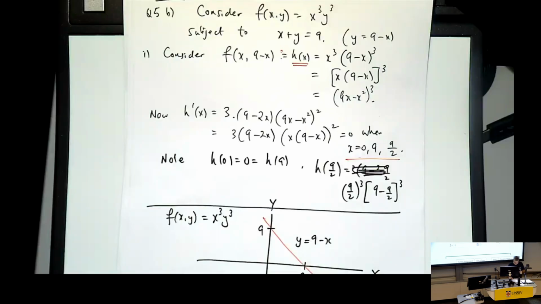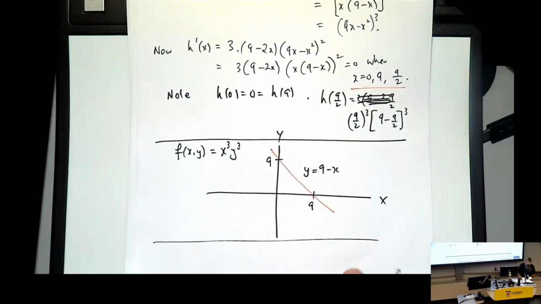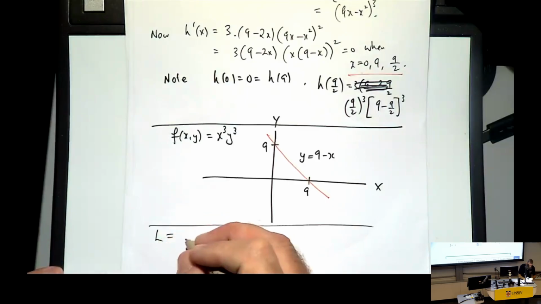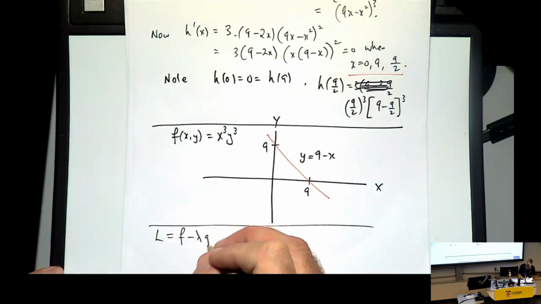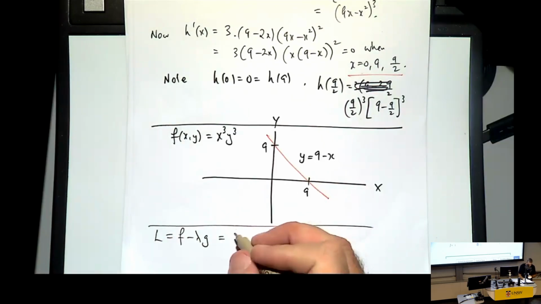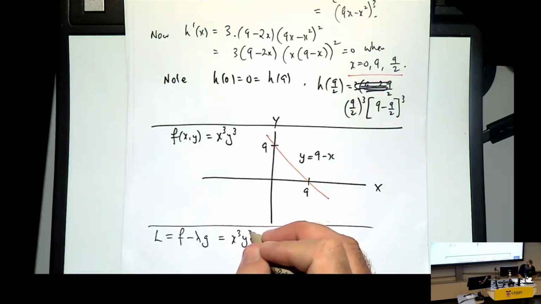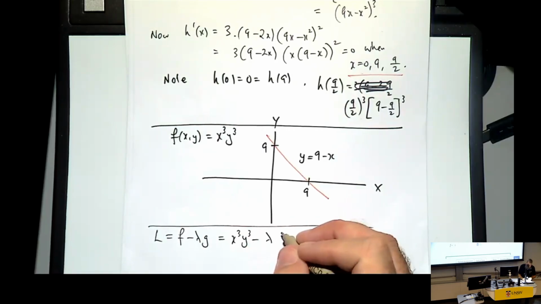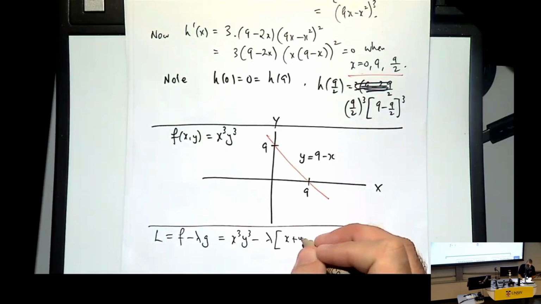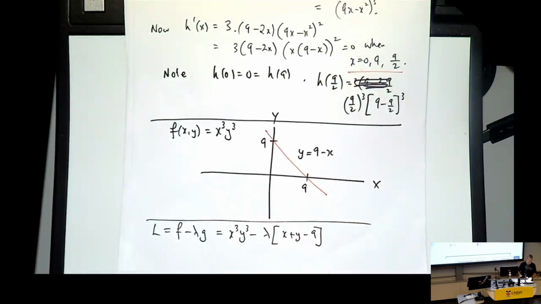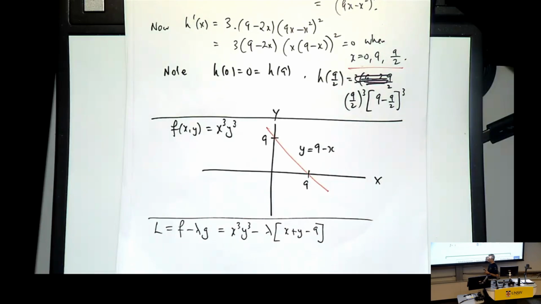Okay, so you would introduce your Lagrangian, f minus lambda g. So that's going to be x cubed y cubed minus lambda times (x plus y minus 9). Okay, and you're basically finding the critical points of L, right?